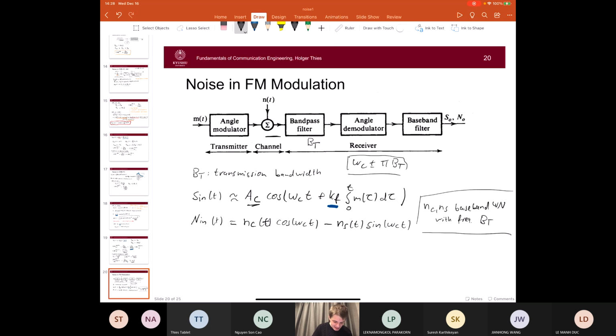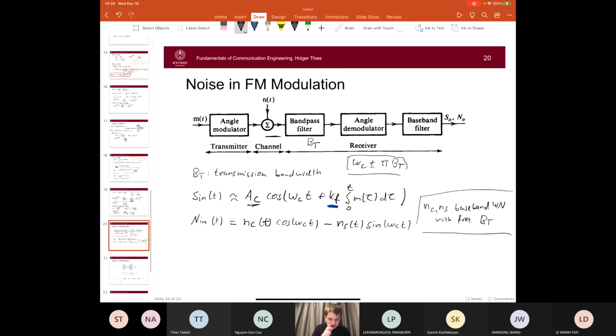Let me finish this lecture by giving you the input signal to noise ratio, and we will continue with the rest next Wednesday. What is the power of the input signal? It's a cosine with some fixed amplitude, so the power will be AC squared over 2.